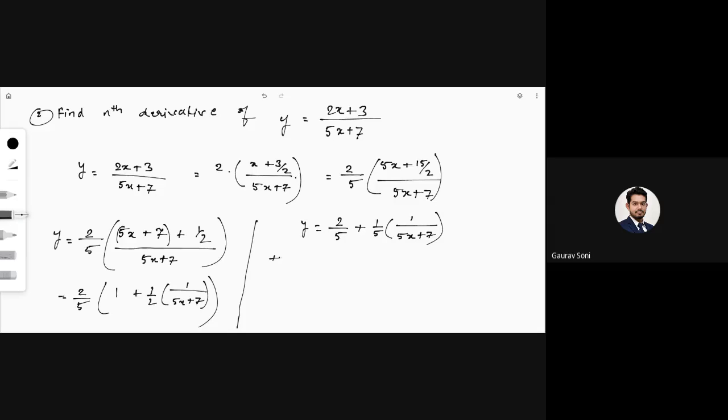So taking the nth derivative, we get y n is equal to 0 plus 1 by 5, minus 1 raised to n, n factorial 5 raised to n upon 5x plus 7 raised to n plus 1. The final solution.